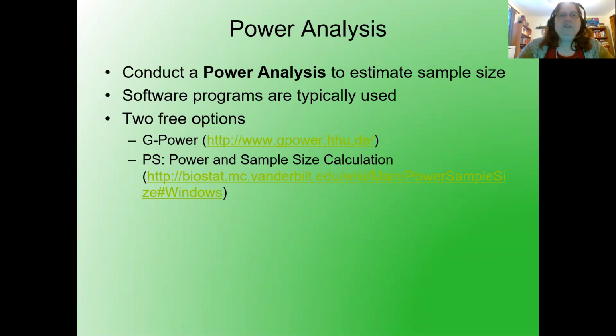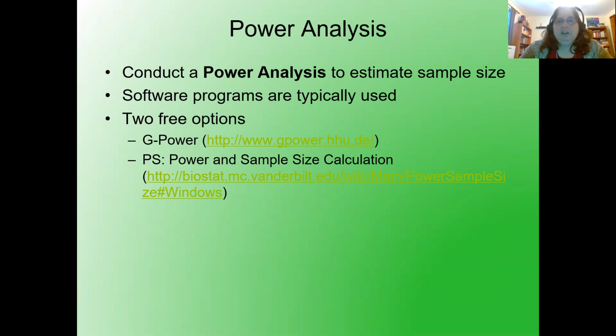So to estimate a sample size, you might want to conduct a power analysis. And to do that, software programs are typically used because doing it by hand is really kind of a stretch. It's a complicated set of formulas to use.